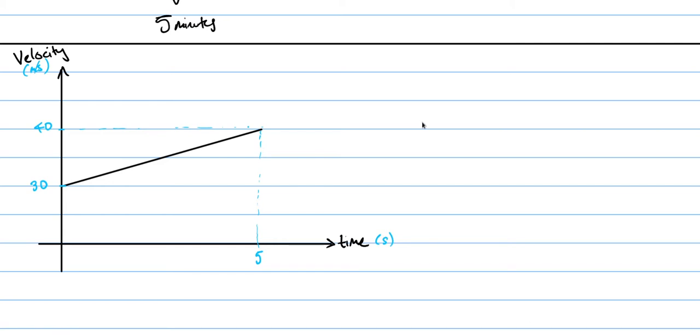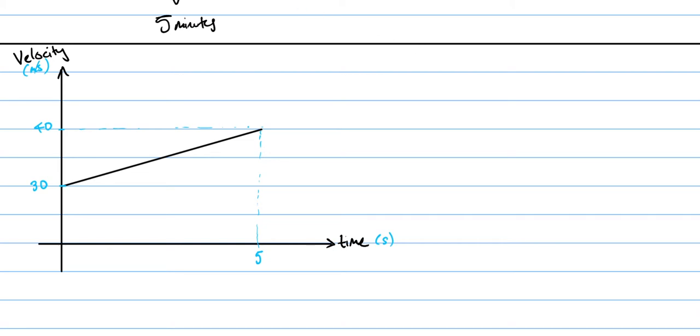So if we wanted to work out the displacement, we could draw a graph to scale. We literally get graphing paper, mark off 30 over here, 40 over there, 5 there, and graphically calculate the area under this curve. But that seems a bit dumb when we could use mathematical methods to work out the precise area.